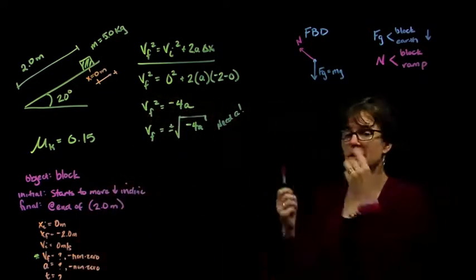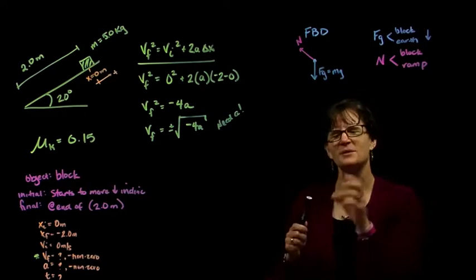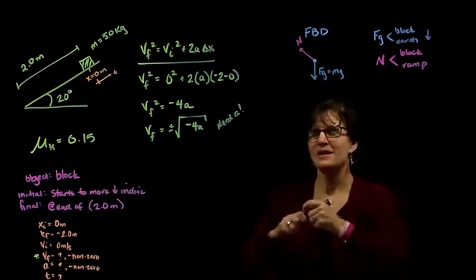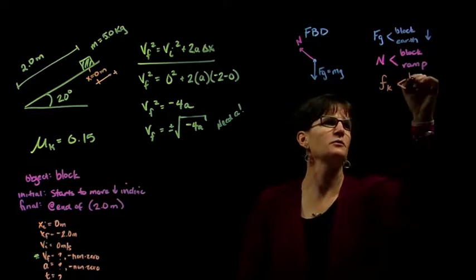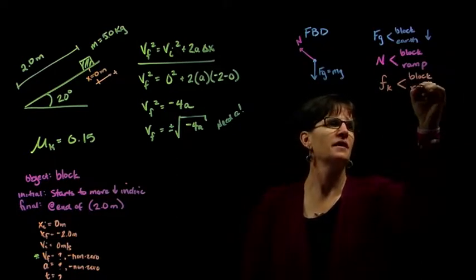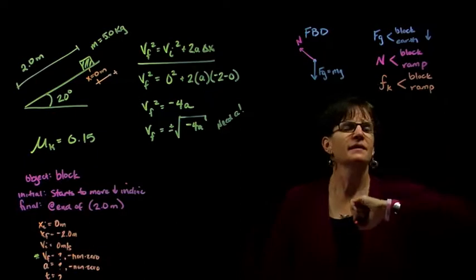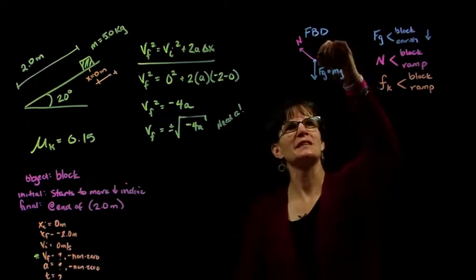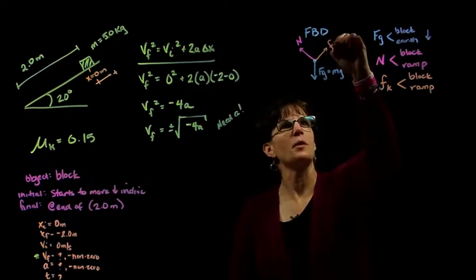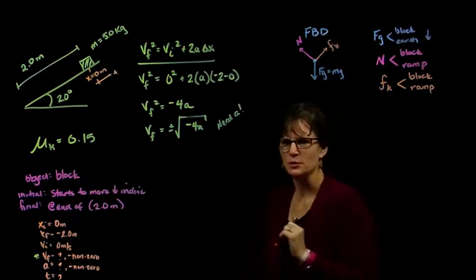So friction, the kinetic friction, as the block is sliding down the ramp, then there is our kinetic frictional force between the block and the ramp. And so if the block is sliding down, the frictional force is opposing that motion.